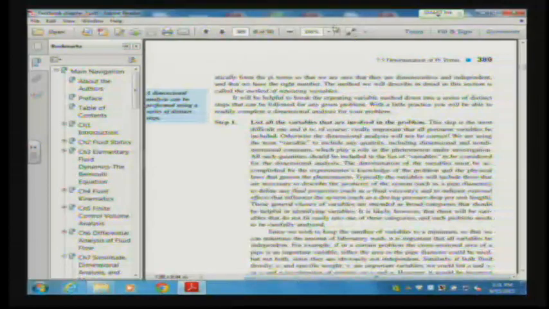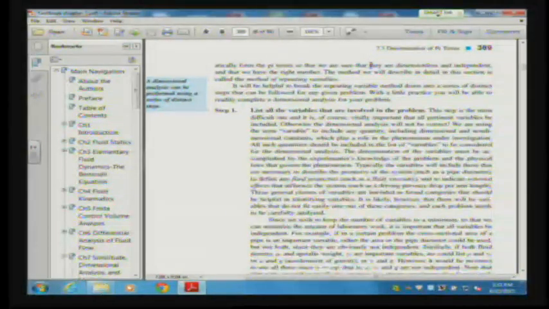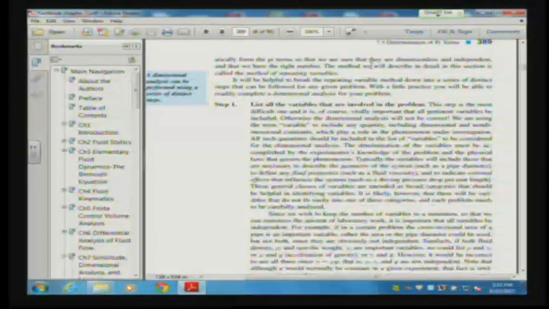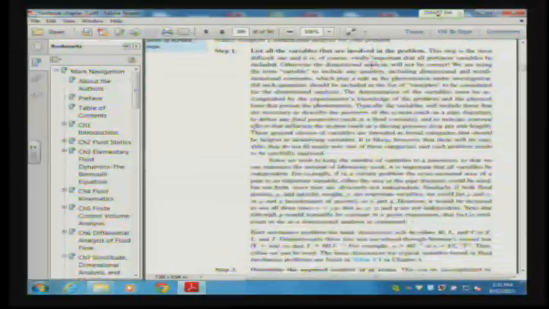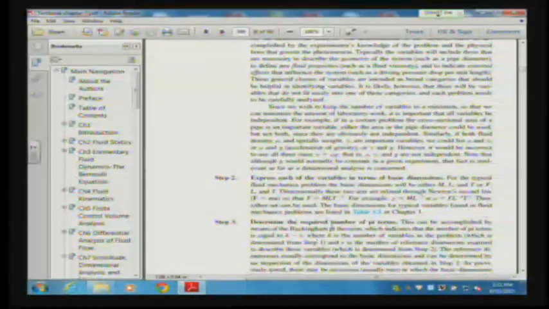Now, if you go to page 389, there are the steps that you go through, and this is a really nice little plan of attack for doing a problem. You list all the variables involved. Those will be given to you once again, because it's very difficult to determine what they are. Express each of the variables in the basic dimensions, which we did. Determine the required number of pi terms.